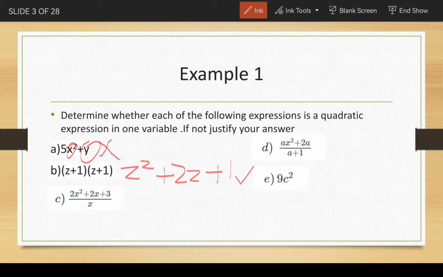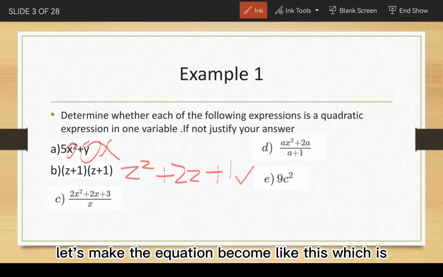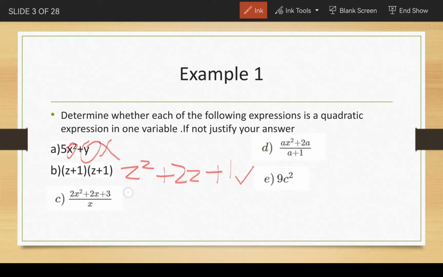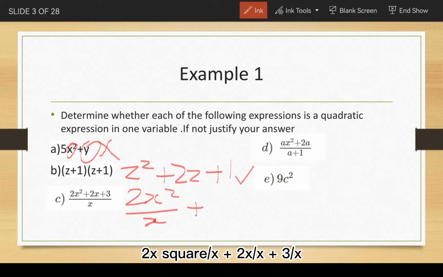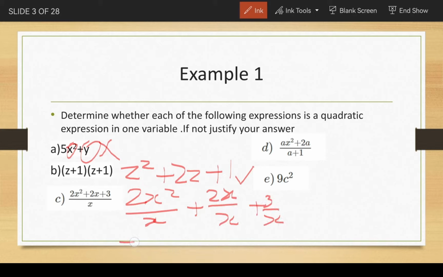So next, 2x squared plus 2x plus 3 over x. Let's make the expression become like this, which is 2x squared over x plus 2x over x plus 3 over x, which equals 2x plus 2 plus 3 over x.